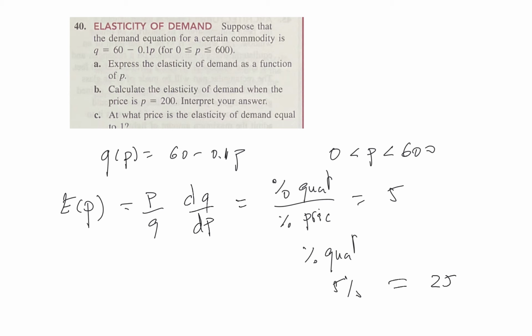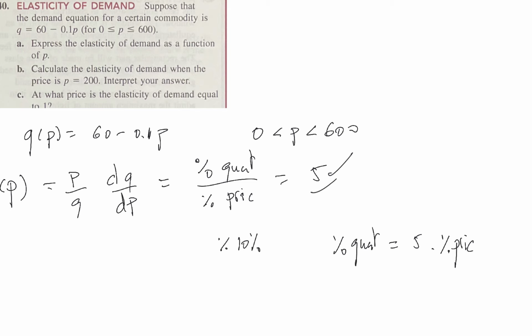If you make a percentage change in the price of, let's say, 10%, it means that the percentage change of the quantity will vary 5 times the percentage change in the price. So the elasticity, this 5, be careful.